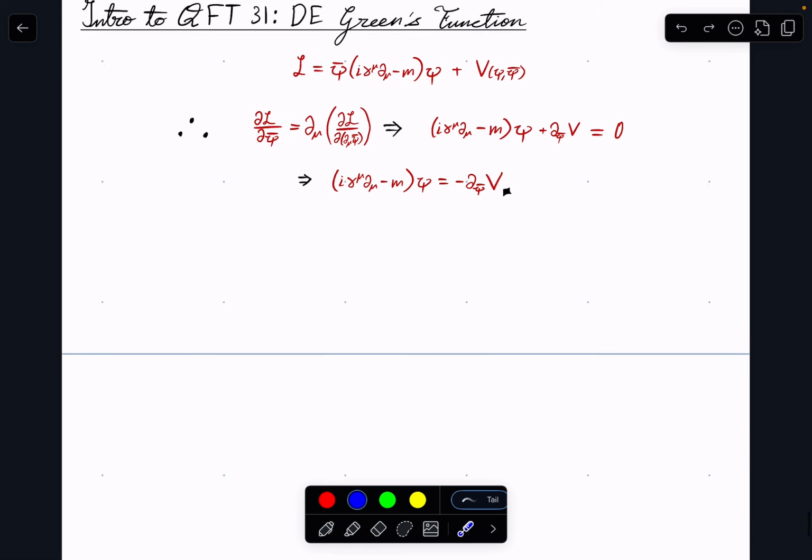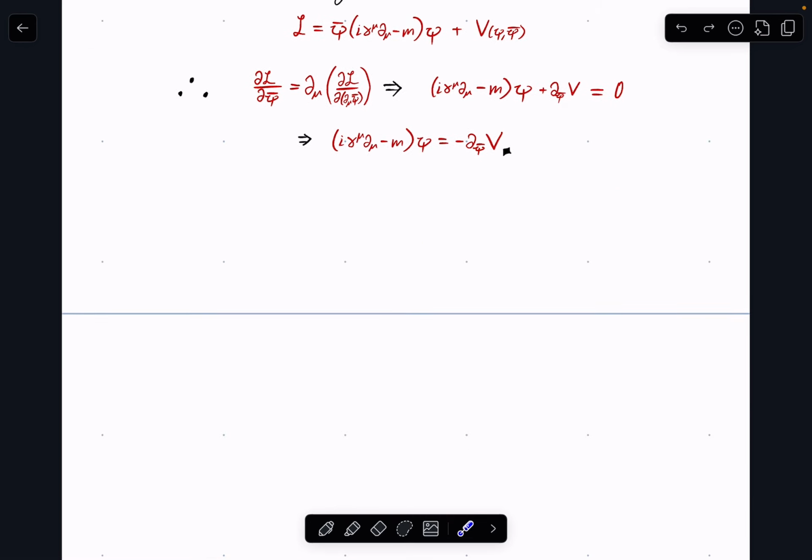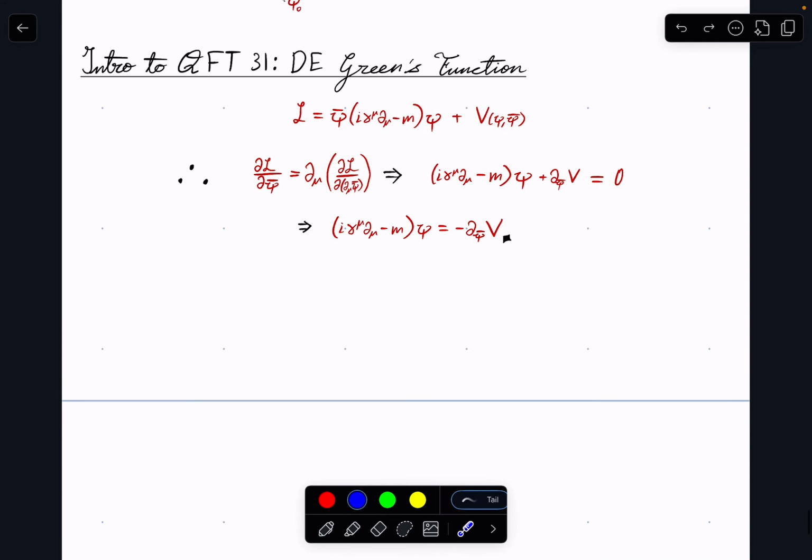Okay, so recall that Dirac spinors have 4 components, so they're basically column vectors like this.